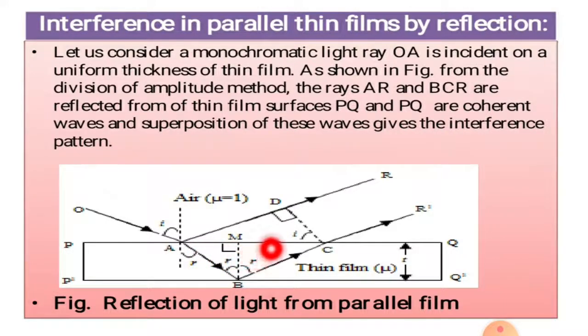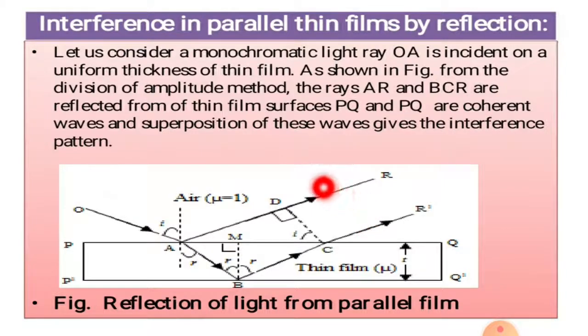A part of the light is reflected back into the film and travels along the path BC, and another part is transmitted into the air medium. And this reflected light ray comes outside like this and travels along the path CR.